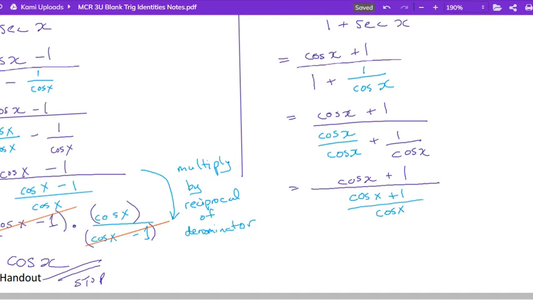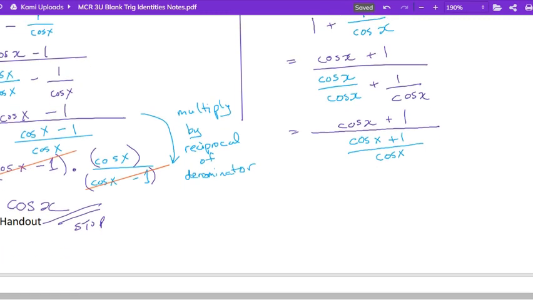Once again, I'm dividing a numerator by a fraction, which means that I can multiply it by the reciprocal and cancel out. And I'm down to the cos x.